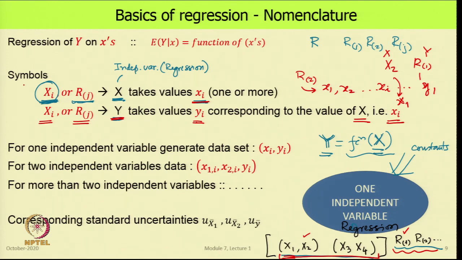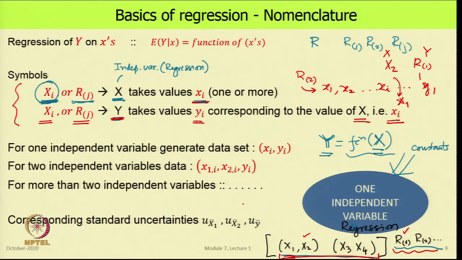So, this is an important distinction we are making of what we mean by independent variable in regression, what we mean by the parameters and the result as being a set from which we pick out an independent variable and a dependent variable. So, if there was only one independent variable, we generated a data set xi, yi. i depends on how many readings we have taken.